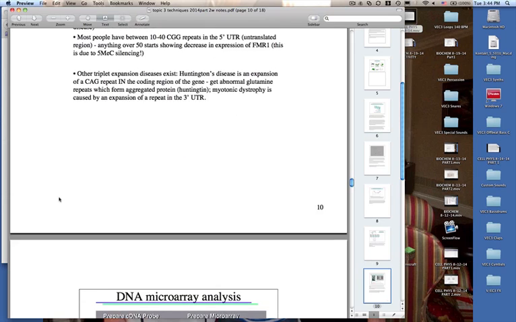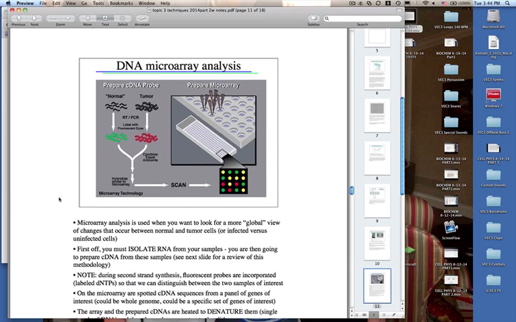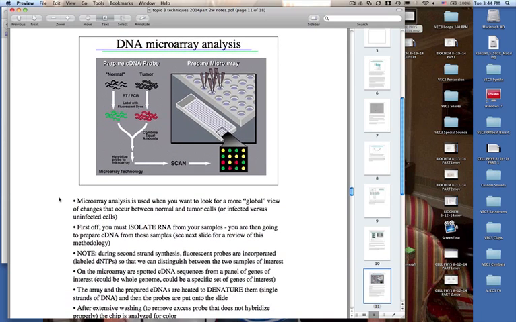Okay, let's talk about this really cool technique that can be a gigantic can of worms. Okay, so microRNA analysis, and hopefully you guys have heard this terminology. So, expand your mind this way.